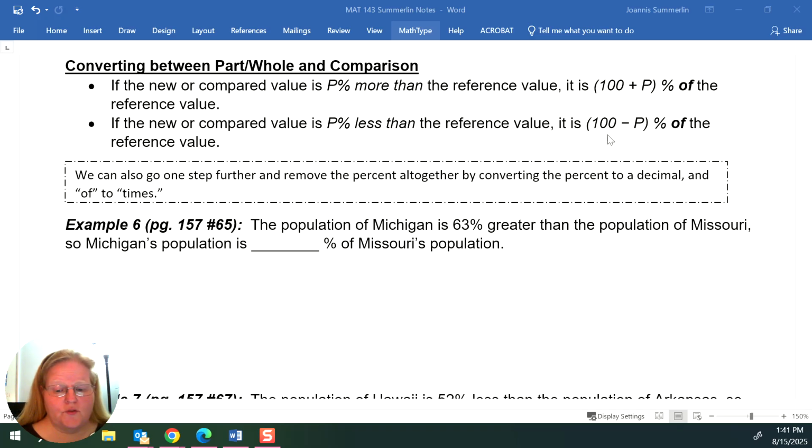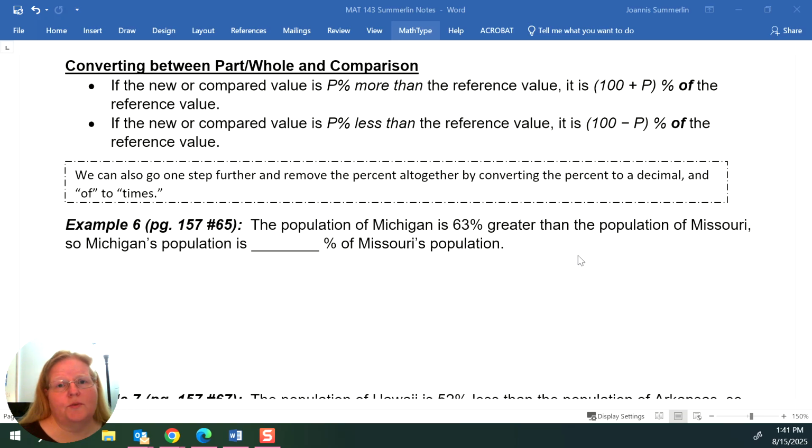Same thing happens with a discount. If you get a discount on an item, you subtract the percentage of the discount, and then you multiply the cost of the item times the percent that you're actually going to be paying for that item, instead of finding out the percent off of the item.